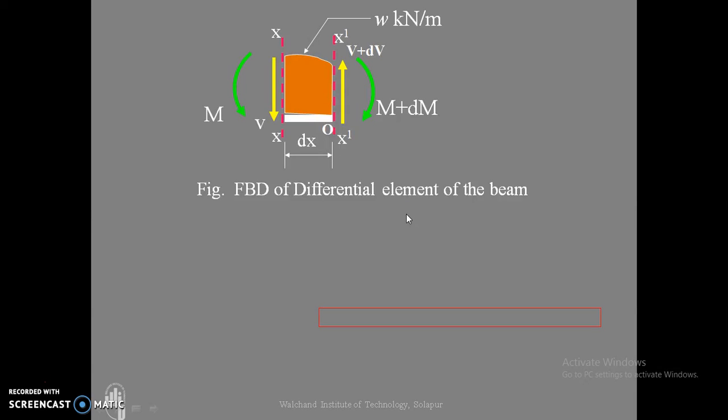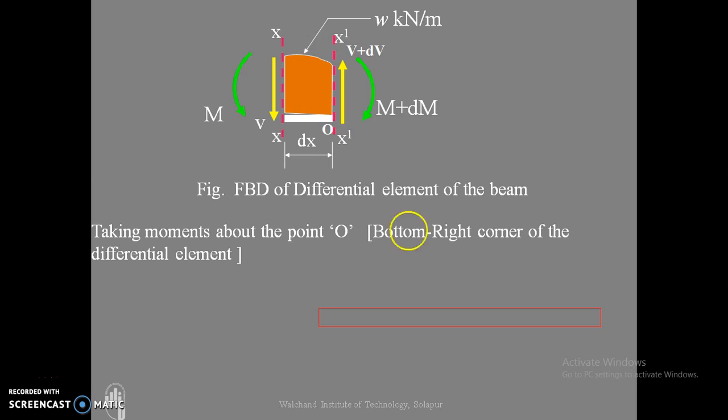Then we can consider the free body diagram of this small elementary length. On the left hand side there is a shear force and bending moment present, and on the right hand side along section x1 there is also some shear force and bending moment. This length dx is subjected to uniformly distributed load W. Now if we take the summation of moments about point O shown here, we get this equation.